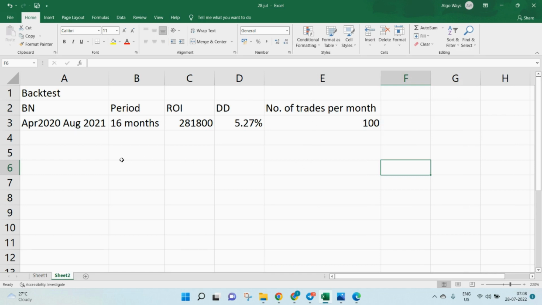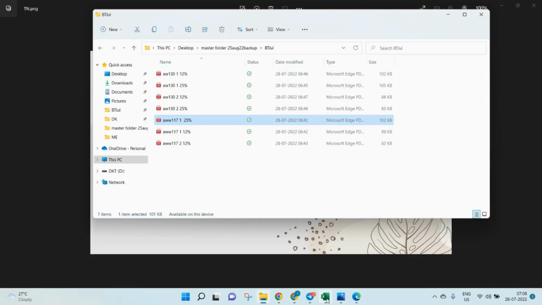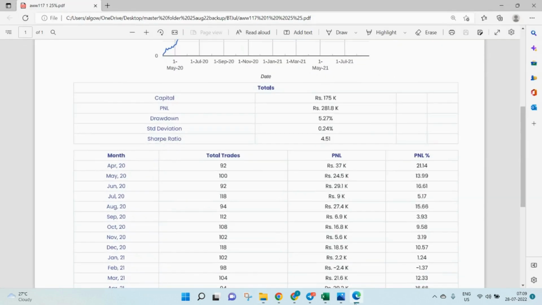I have done some other periods also, I think. Okay, it's not there. This was for the 12% scenario.